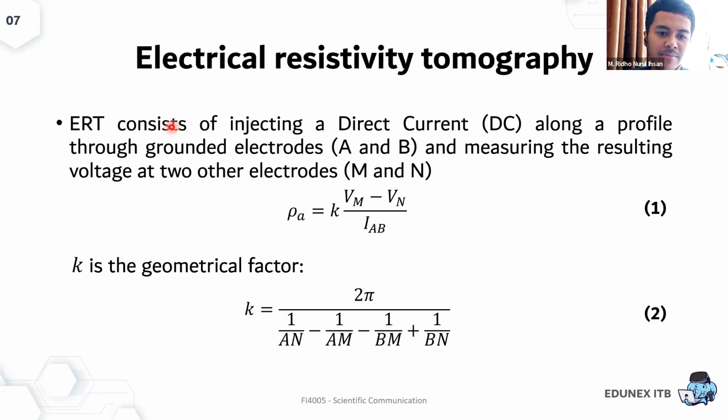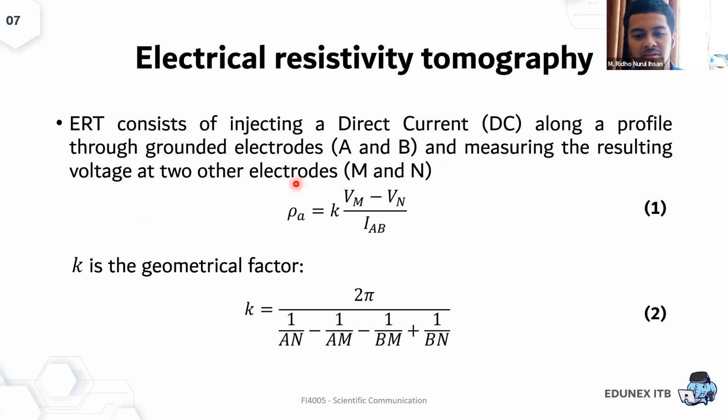This is the main equation used in electrical resistivity tomography. This method consists of injecting a direct current, or DC, along the profile to ground electrodes, and measuring the resulting voltage at two other electrodes.